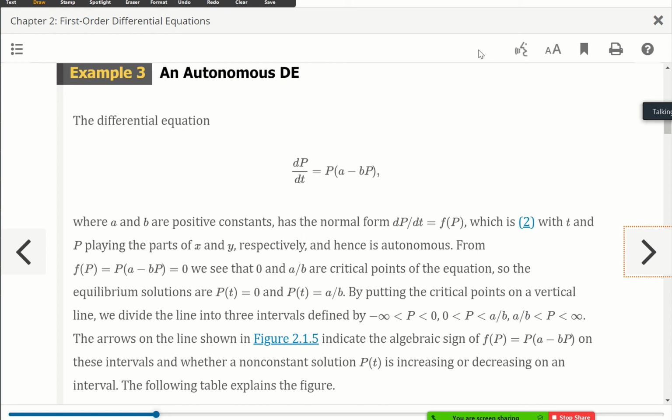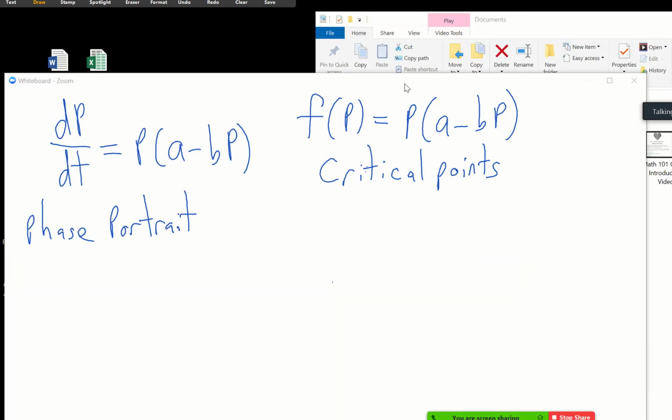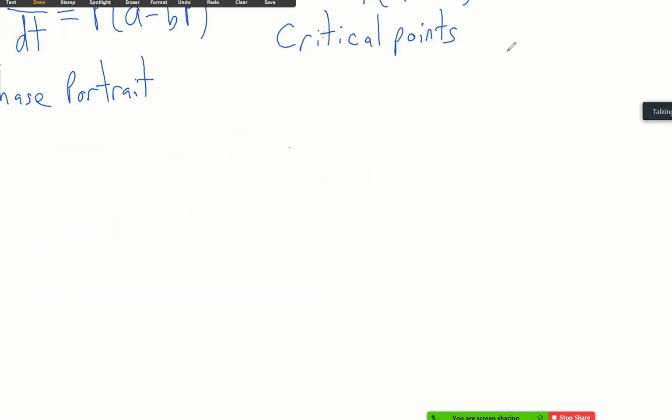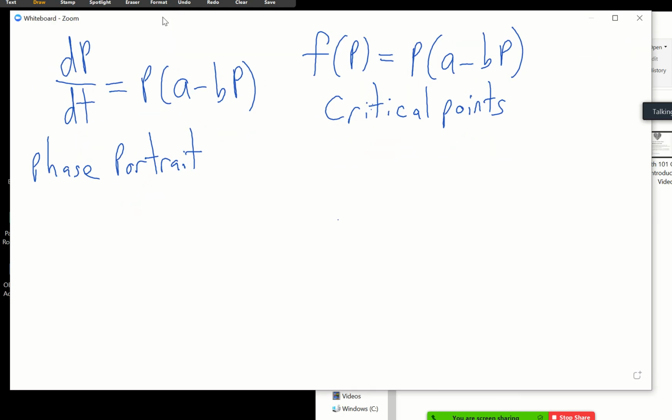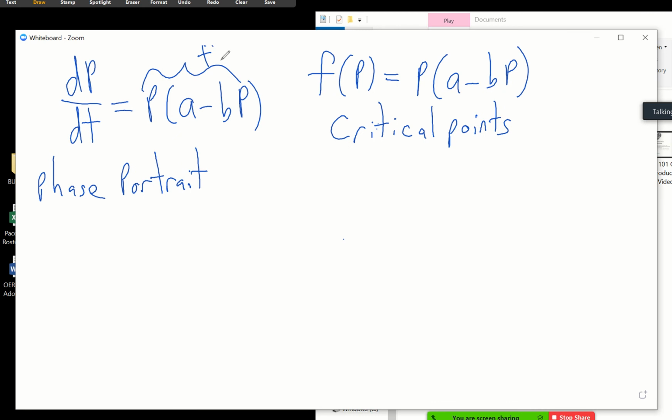Let's go ahead and find those equilibrium solutions. So the function f that we're talking about is this one right here. So f of p is going to be p times a minus bp.